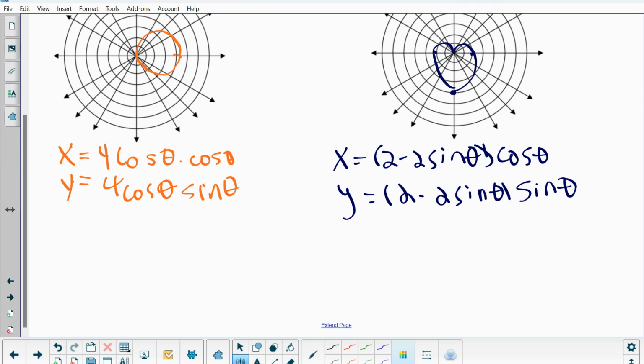Again, if we were in class, I would show you on Desmos, but for the sake of time, I'm just going to give you the answer to these. And if we have time in class on another day, we will do this. So these circles that are symmetric to the polar or pi over 2 axis, they actually graph from 0 to pi. And the cardioid graphs from 0 to 2 pi.